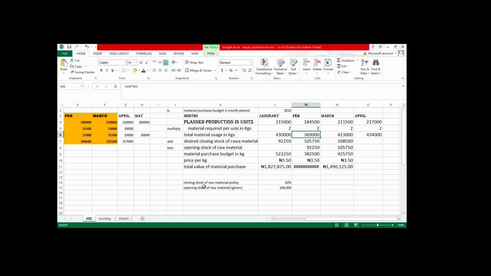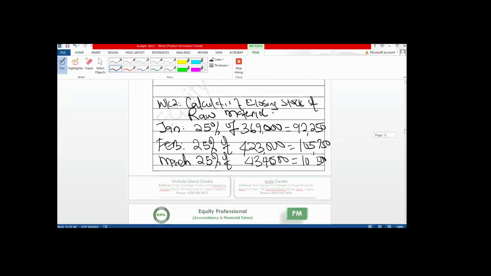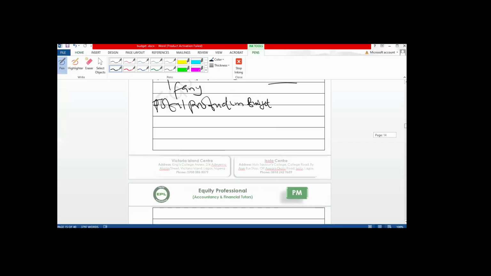This Excel has been programmed with the figures, so the calculation is done. Now, what is the opening stock of raw material? Back to the question. Look at the last paragraph.